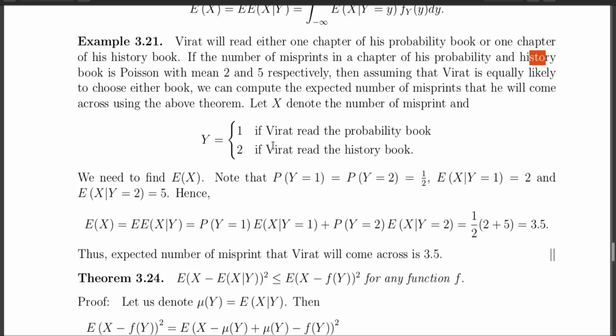What we want is the overall expected number of mistakes, so we try to compute expectation of x.